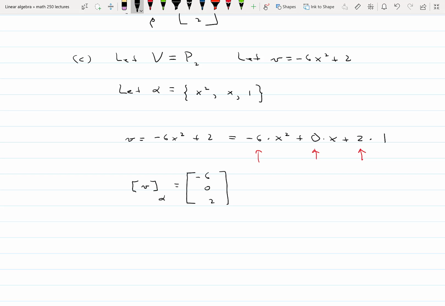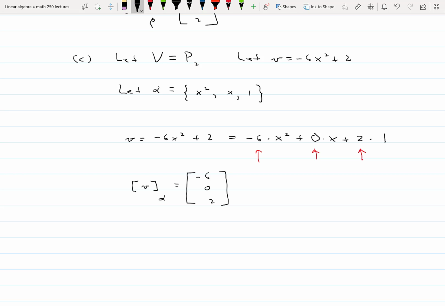And again, notice that the coordinate vector is in R3, but the vectors in P2 look nothing like vectors in R3. But coordinate vectors are always column vectors.